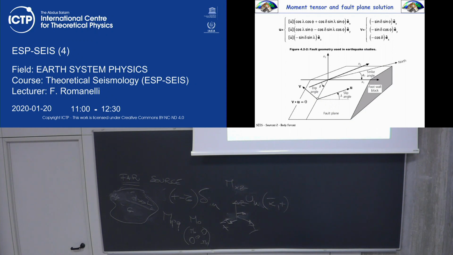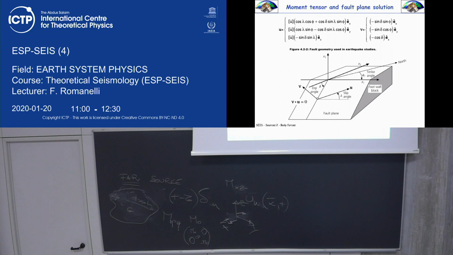Well, it's just geometry. We can always write them in terms of the amplitude of u and some sines and cosines of these 3 angles. What we have to do is write this and this in terms of the other angles. So we can write u and ni given the 3 angles and the amount of slip. That's geometry.